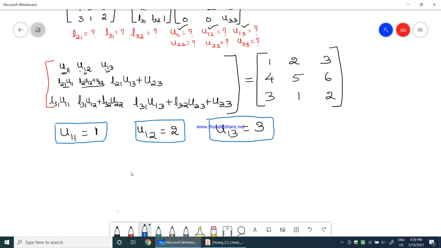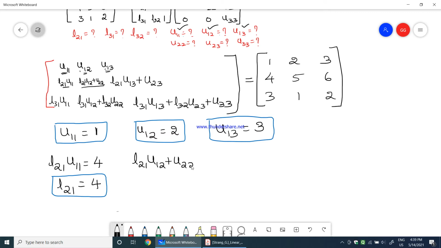Now we are going to equate this with this. L21 into U11 will be equal to 4, and we know U11 is equal to 1. Therefore L21 will be equal to 4. Next, L21 into U12 plus U22 equals 5.